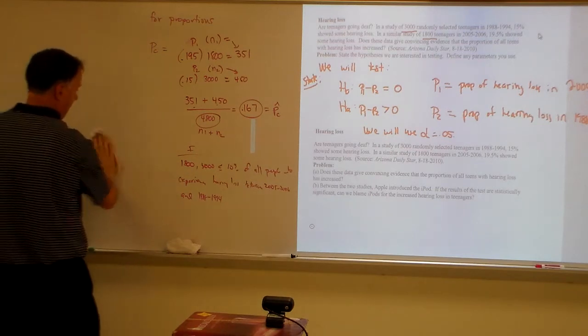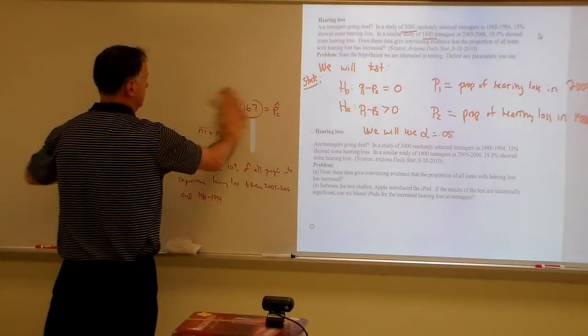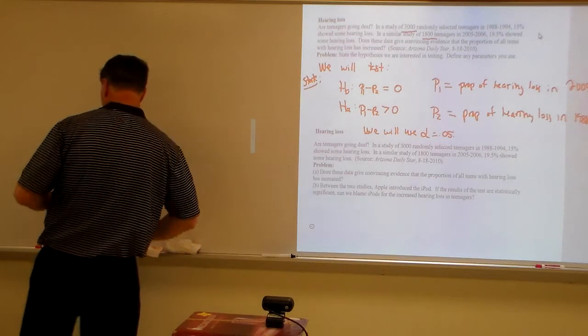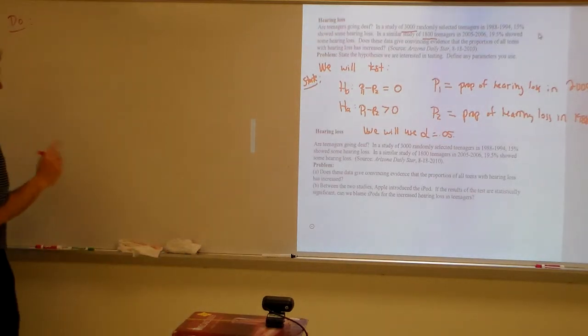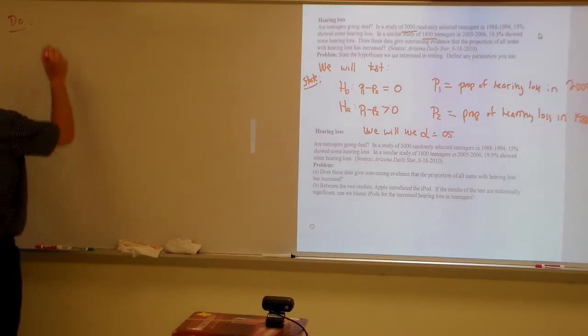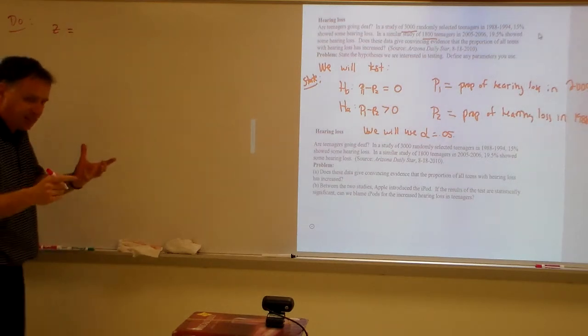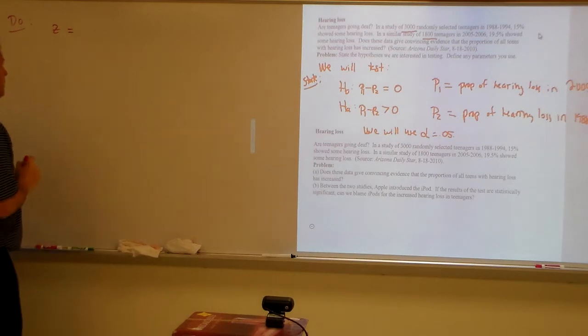And let's see what we get. So what are we finding? Remember that first score we said? We've got to find a z-score. This is a z-test, so we use a z-score for a z-test. All right?